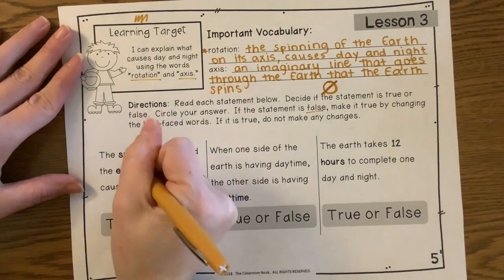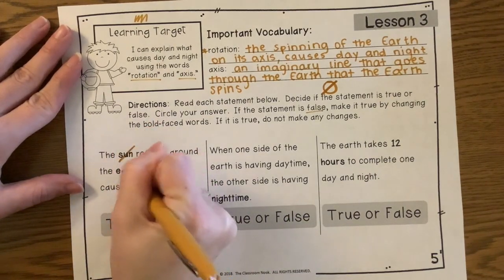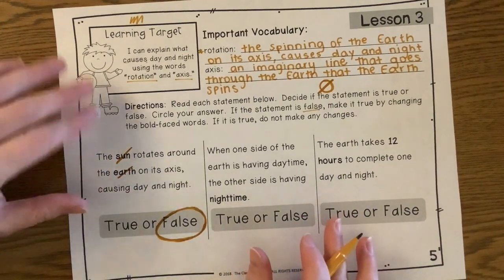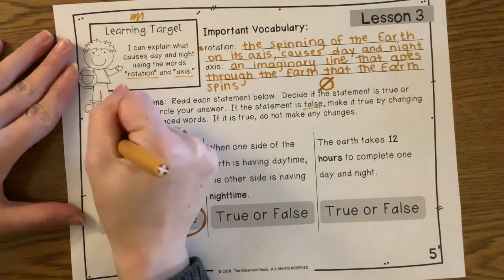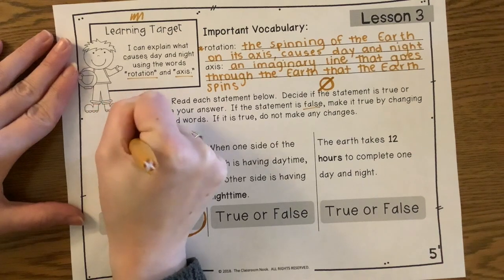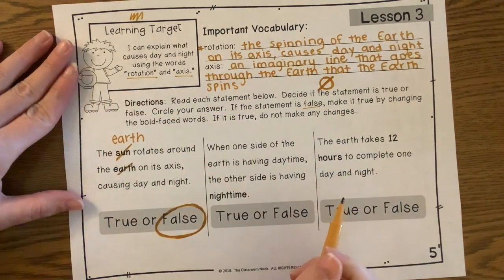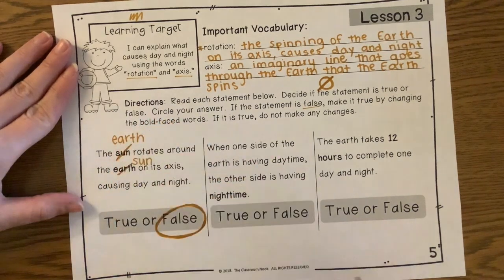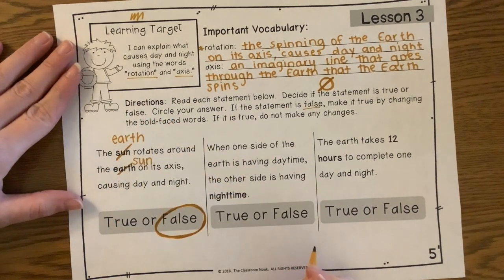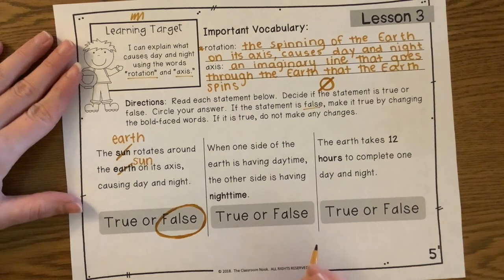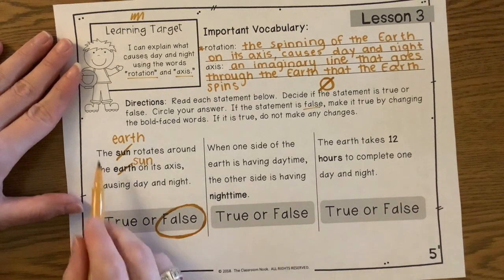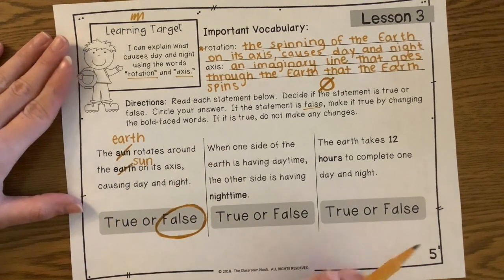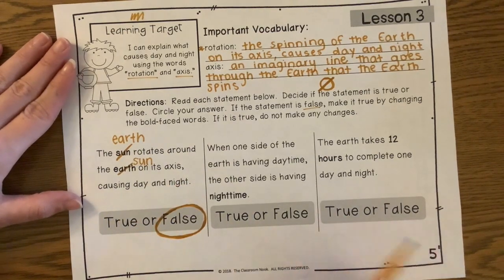So we have to change these words. The blank rotates around the blank. So the Earth rotates around the sun. All right, so now the Earth rotates around the sun on its axis, causing day and night. Now it's true. All right, next.